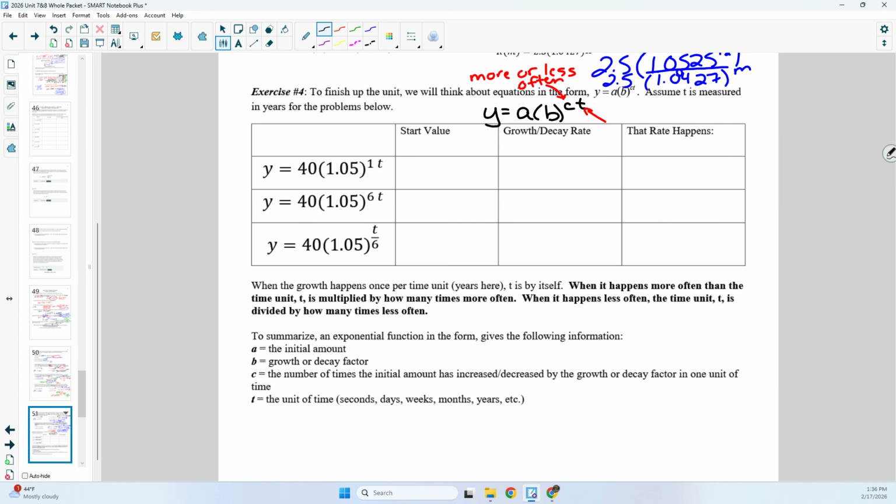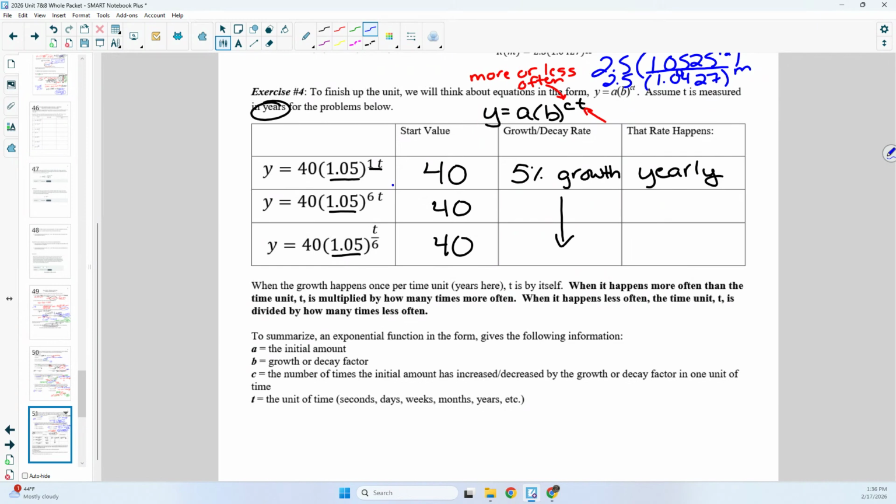So the first one, and really all three equations, have the same start value. In every single one, I have 1.05, so there's a 5% growth rate for all three. It says we're assuming t is measured in years. So if I have a 1t, that just means yearly.